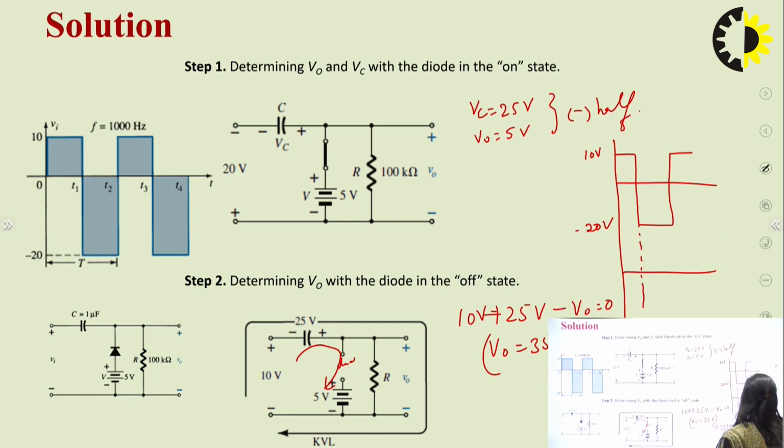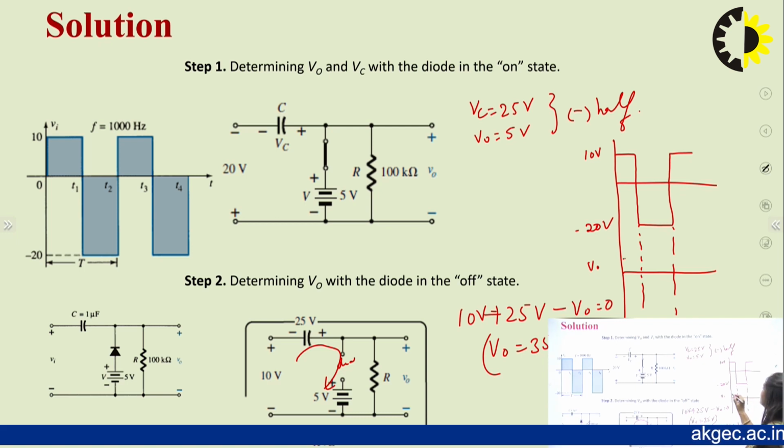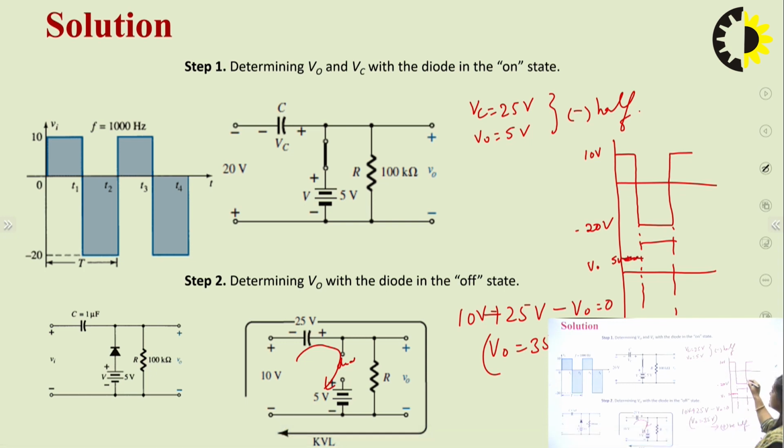So if we draw the output voltage, we will see in the negative half it was 5 volt, and for the positive half it was 35 volt. Sorry, this was not the negative cycle. This was the negative input cycle. So here it would be 5 volt, and it will be 35 volt. This waveform would be like this.